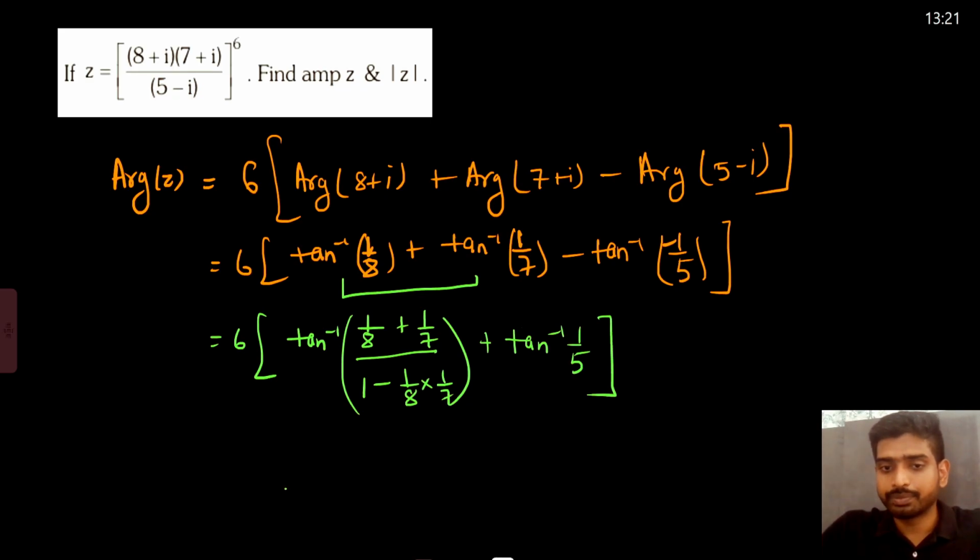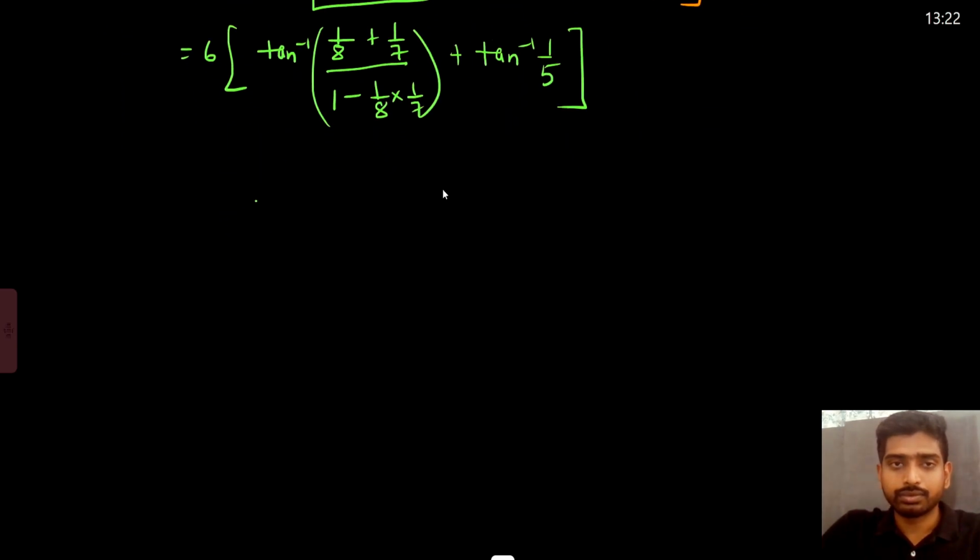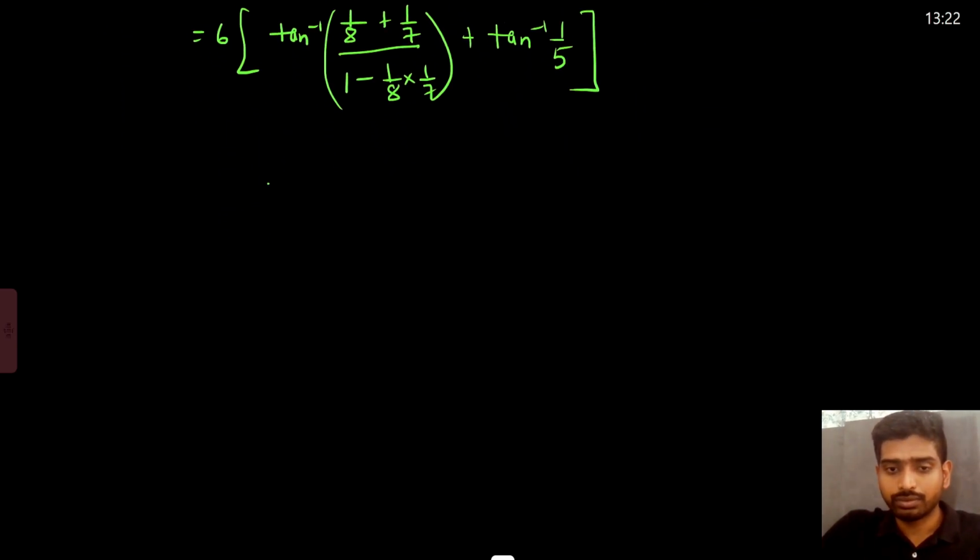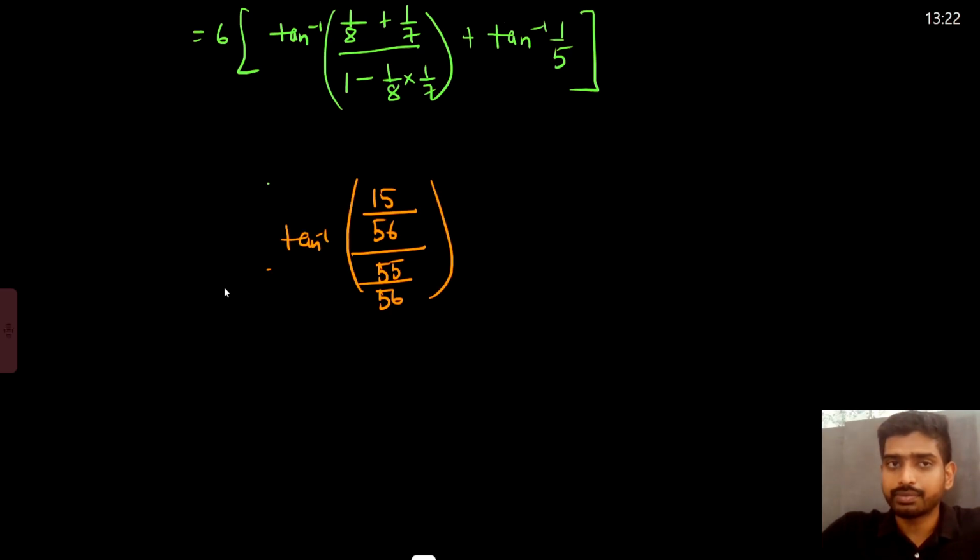Now next, we'll take LCM, 7 into 8 is 56. In the numerator we'll get 7 plus 8, which is 15. And in the denominator also LCM is 56, and we'll get 56 minus 1, which is 55. So this we got tan inverse of this.